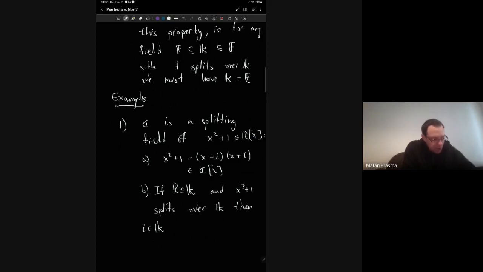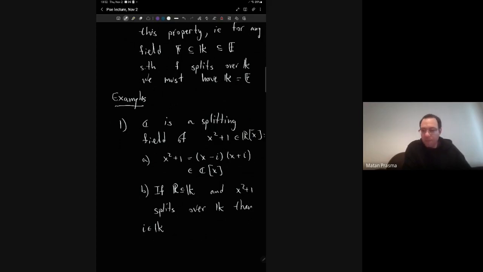If this polynomial x squared plus 1 splits, then K contains an element such that this element squared is equal to minus 1, or this element squared plus 1 is equal to 0.